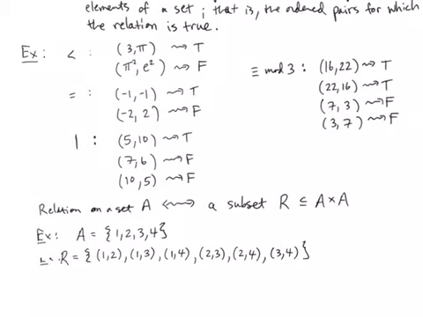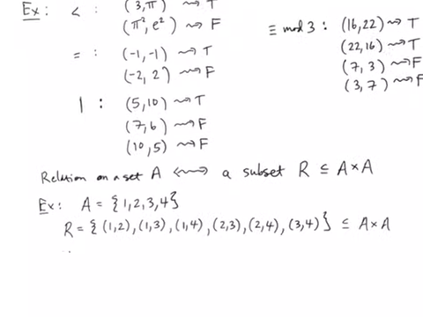Now, as far as you might be concerned right now, I just wrote down a random subset of A times A. Right? But if you look a little bit harder at this subset, what you'll notice is that in every one of these pairs, the first number in the pair is less than the second number in the pair. So the remarkable thing is that just looking at this subset of A cross A here, you can discern the meaning of this subset.